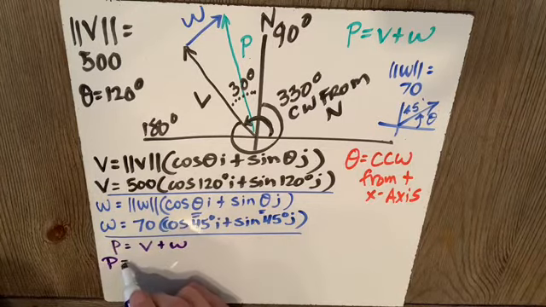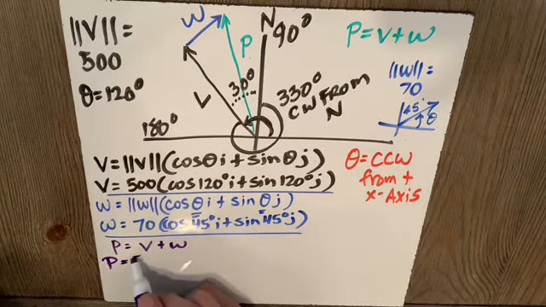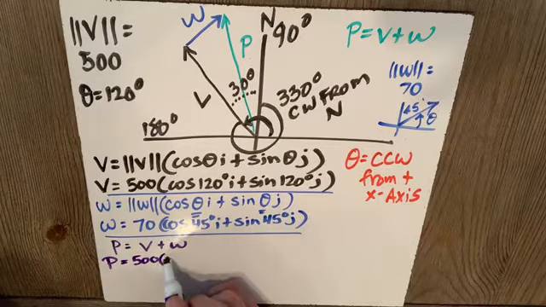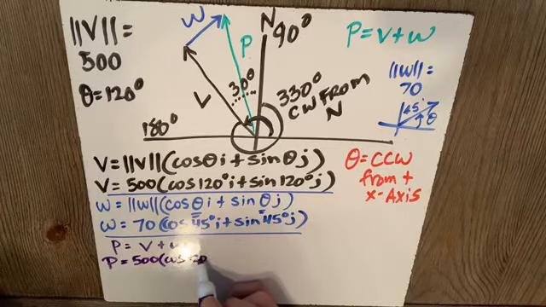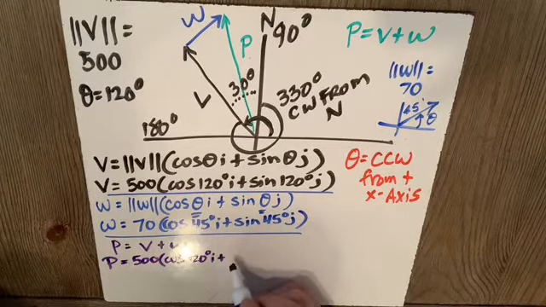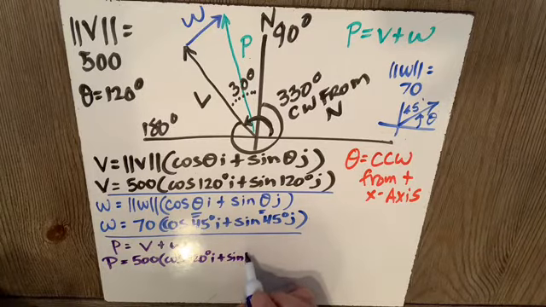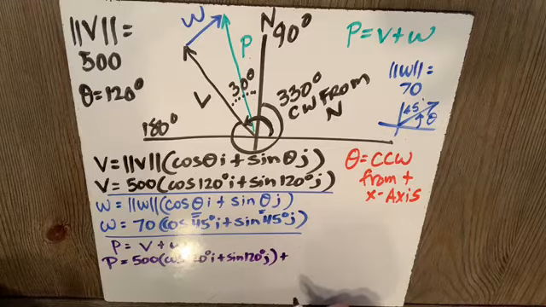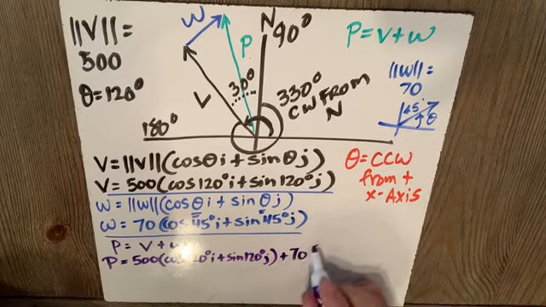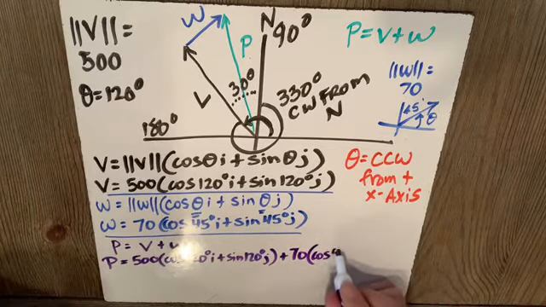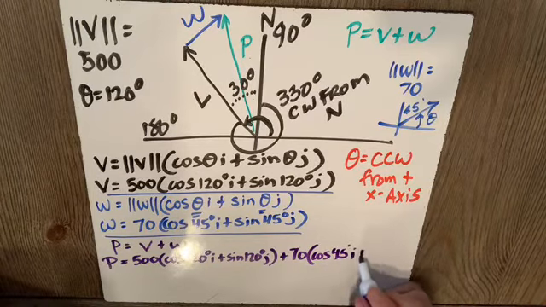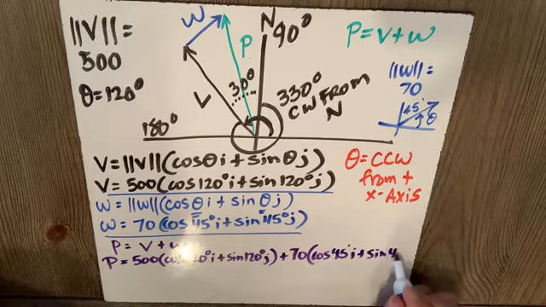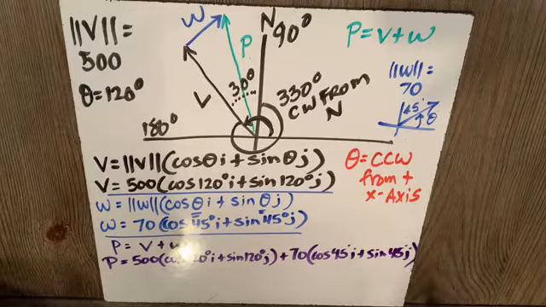So our P vector is 500 cosine 120 i plus sine 120 j plus the wind vector, which was 70 cosine 45 i plus sine 45 degrees j.